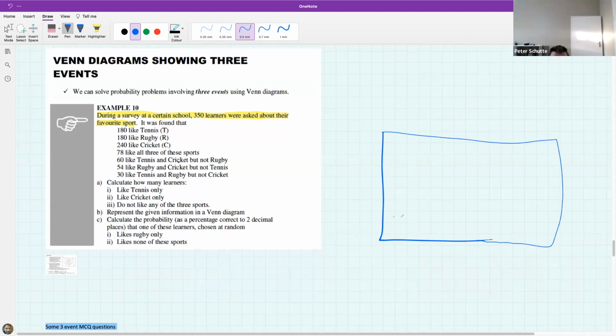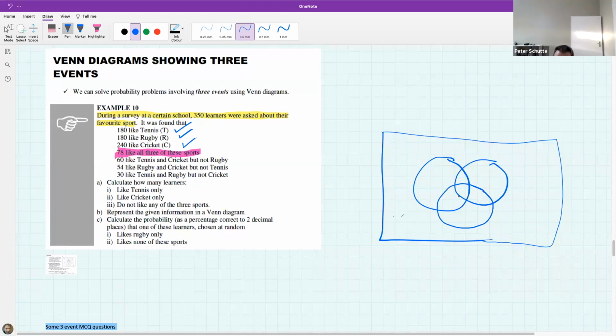And inside the Venn diagram, I look for the 3 events. They are tennis, rugby, and cricket. And there are some people who play all 3. Now, because I know there are some people who play all 3, when I draw my Venn diagram, I have to have a possibility of those people sitting in the middle.